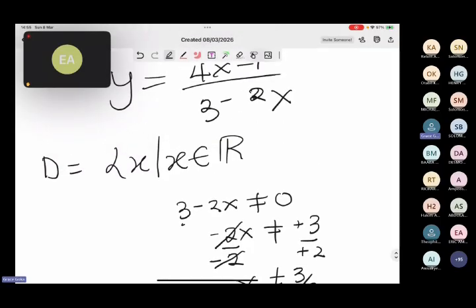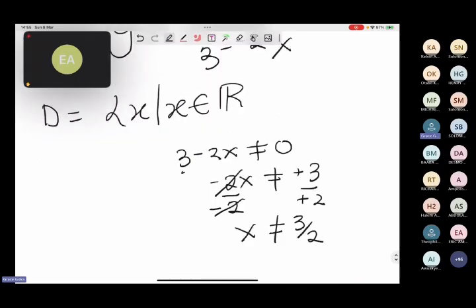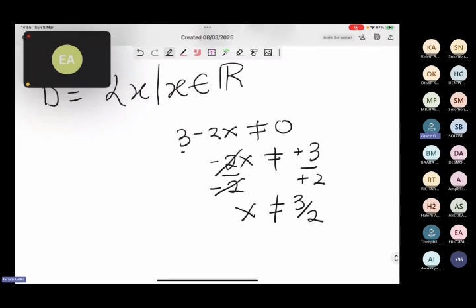I'm accepting all real numbers. I'm accepting to go to -infinity. I am accepting to go to positive infinity. I am accepting to be at the current position 0, but I cannot be at 3/2.